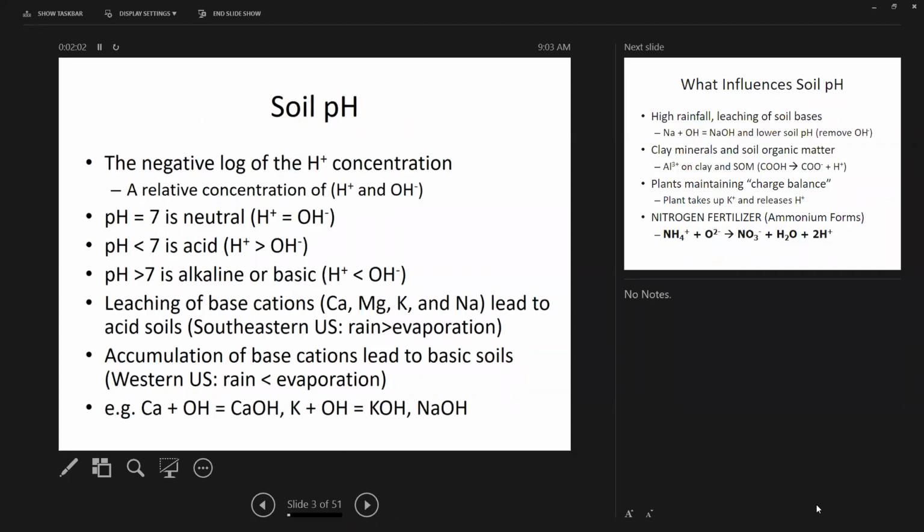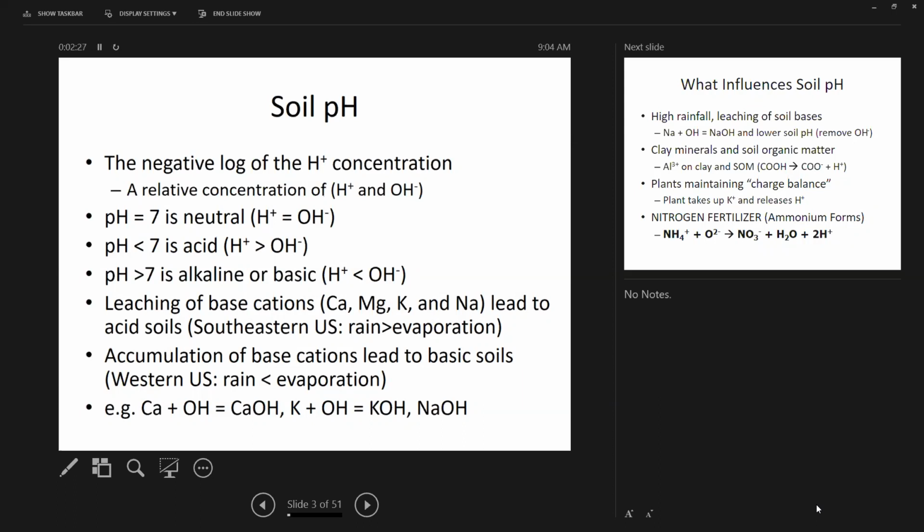So soil pH, just a little academic here. What it is, it's a negative log of the hydrogen ion concentration. So really what we're looking at is the relative amount of H plus, that's the acidity, and OH minus in a solution. If they're balanced perfectly, that pH is 7 and we have a neutral solution.